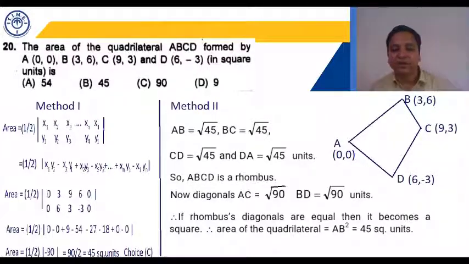In the last example, we found the difference between a rhombus and a square. Diagonals are equal, all four sides equal, so it becomes a square. If the diagonal lengths come out different, then by default it becomes a rhombus. The same applies to the parallelogram and rectangle comparison. I hope this is clear.